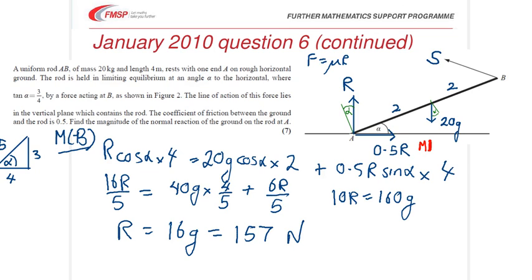A B1 for finding sine and cos of alpha, and then a method mark and 2 accuracy marks for doing the moments equation correctly, and finally a method and an accuracy mark for finding R correctly. 1, 2, 3, 4, 5, 6, 7. That's right, that's the 7 marks. And that's January 2010, question 6, done.